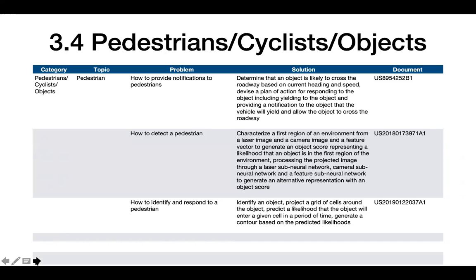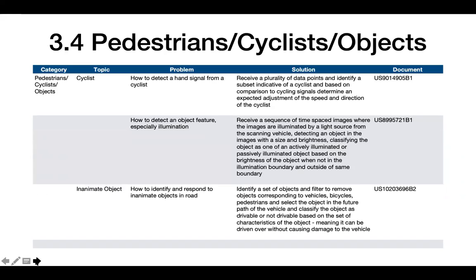Okay, and the last one for the pedestrian, how to identify and respond. Project a grid of cells around the object, the pedestrian, and predict the likelihood that the object will enter a given cell in a period of time. Generate a contour based on those predicted likelihoods. So you can imagine kind of a moving blob of anticipation for that.